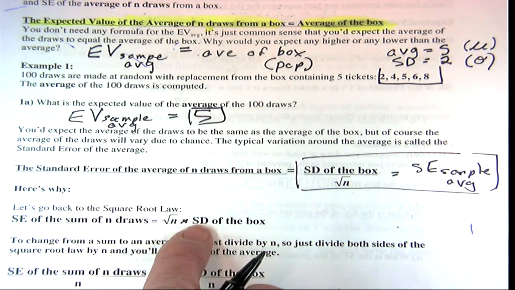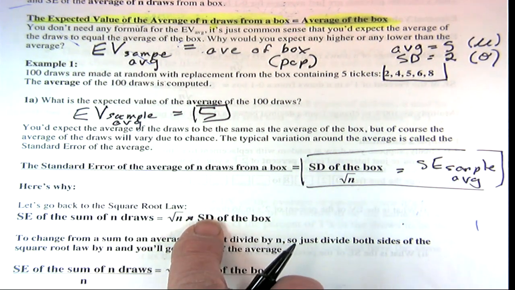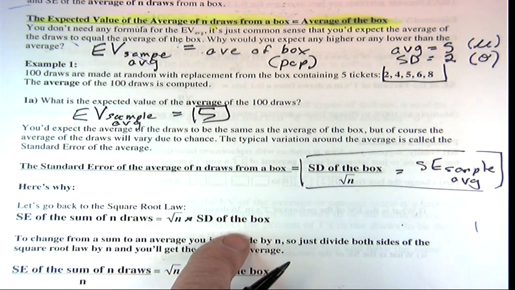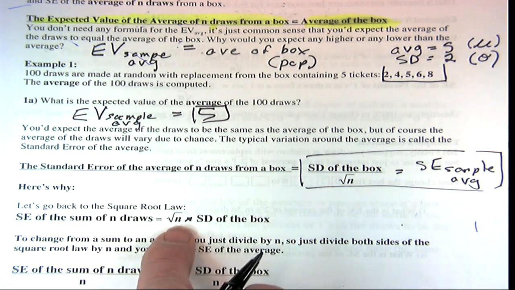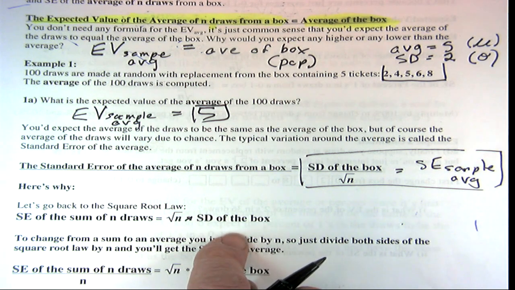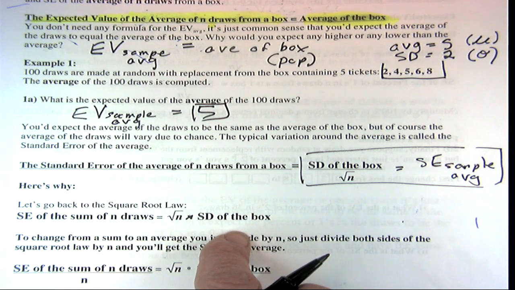Each time you summed up another number, you got a bigger and bigger sum. Your expected value is n times the average, and then you could get further away, right? If you flipped a coin 100 times, you'd expect 50 heads, right?